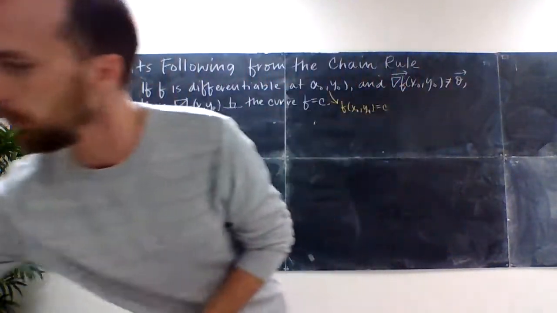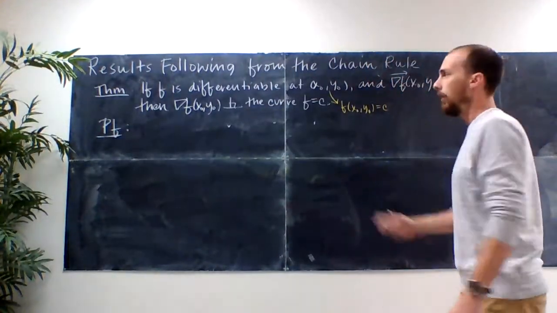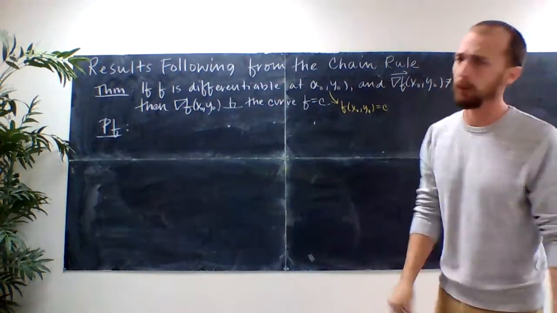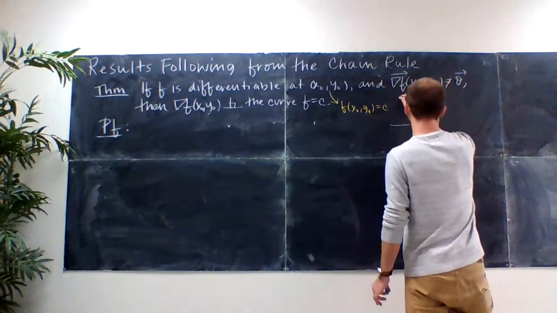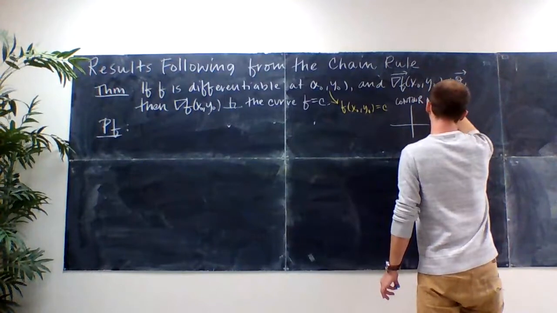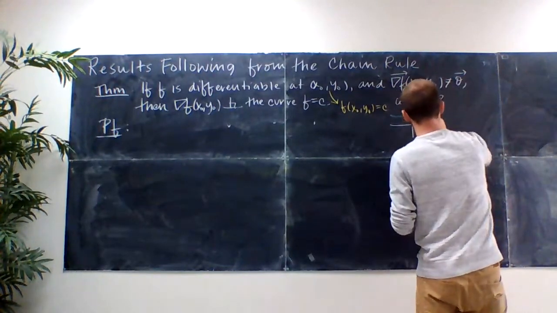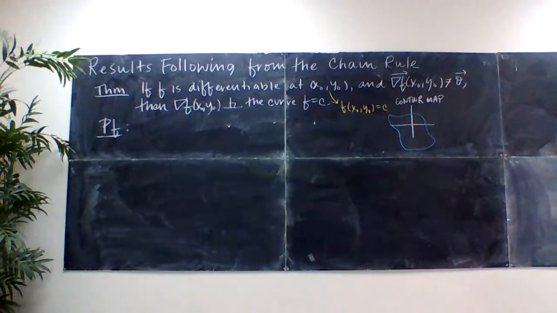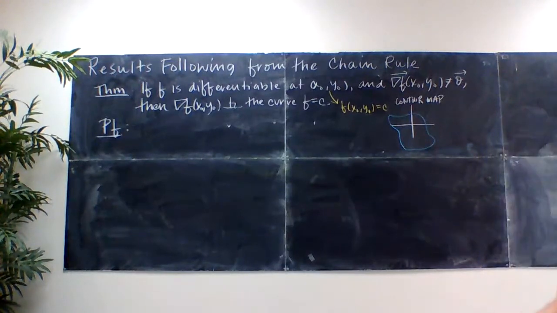I'll make a little contour map, and I am assuming z equals f of x and y in this case. This is true for higher dimensions, but it'll be much easier for me to draw z equals f of x and y. I'm only going to draw a couple of contours, and say that's f of x and y equals c, in blue.